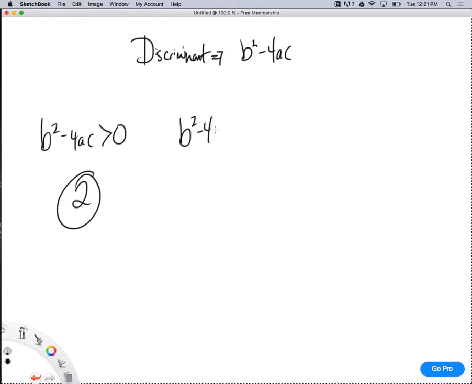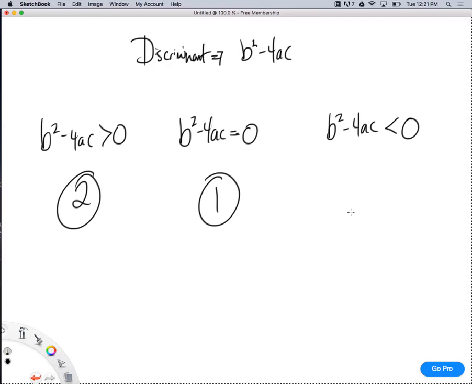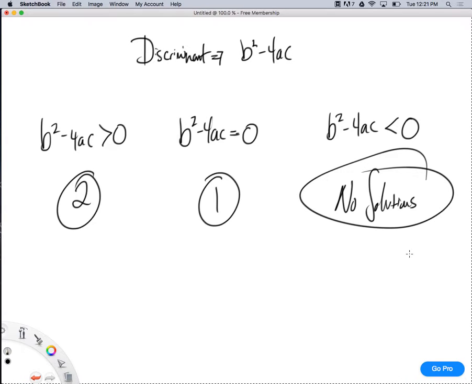If b squared minus 4ac, the discriminant, is equal to 0, there's 1 solution. And if b squared minus 4ac is less than 0, there are no solutions. So the quadratic equation. Does that make sense to you guys? Is that clear? Any questions on that, guys?